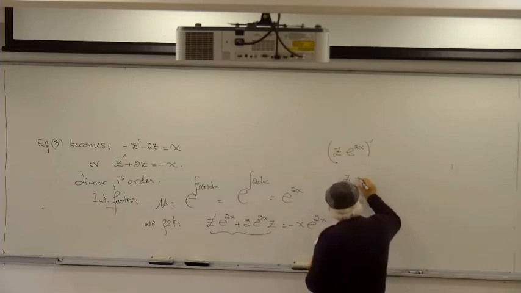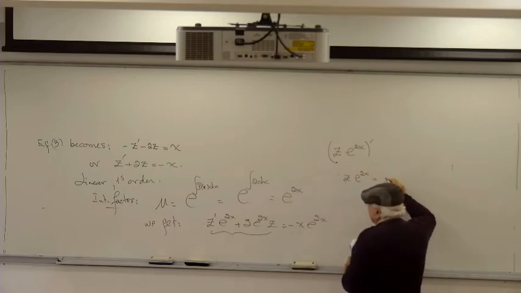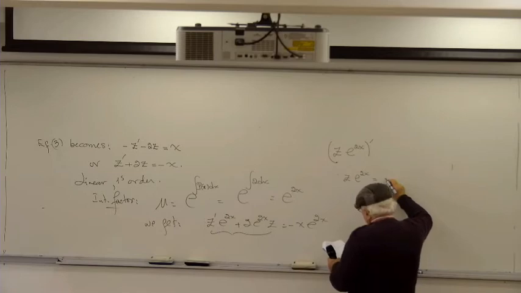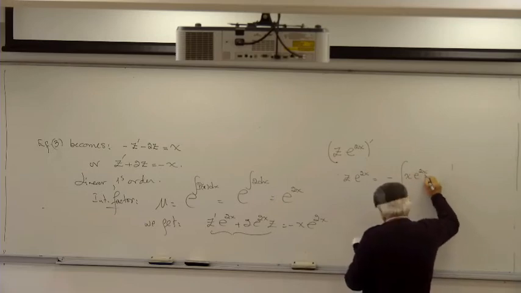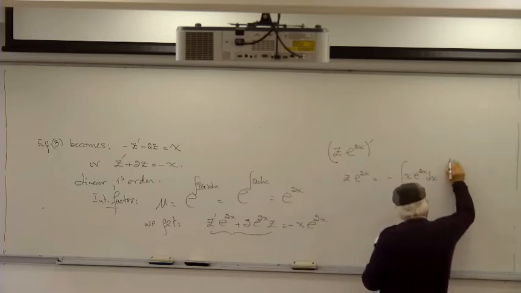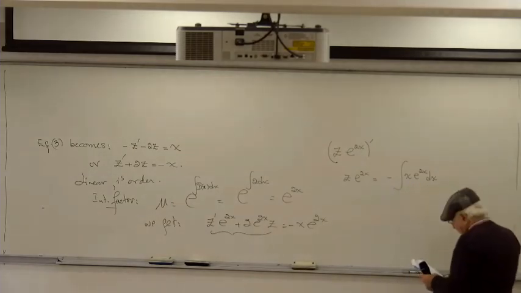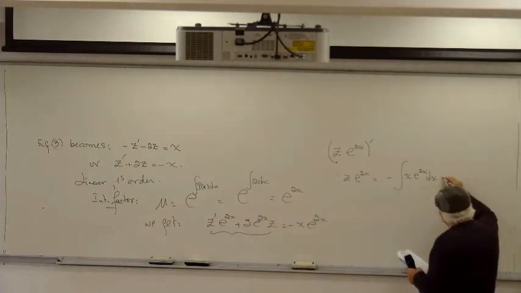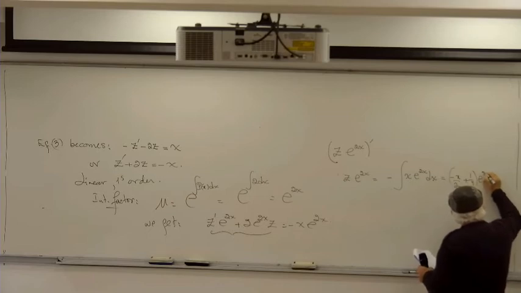Which means that z e to the 2x can now be equated to the integral of minus x e to the 2x dx, which upon integration by parts or by tabular integration will give you minus x over 2 plus 1 over 4 e to the 2x plus a constant.